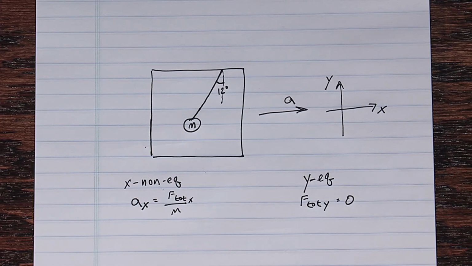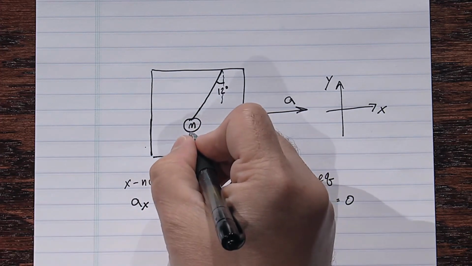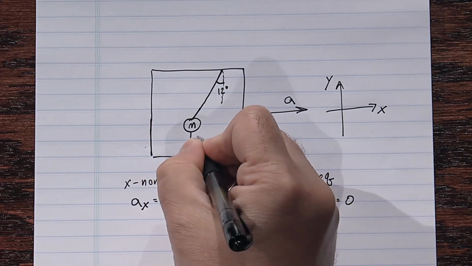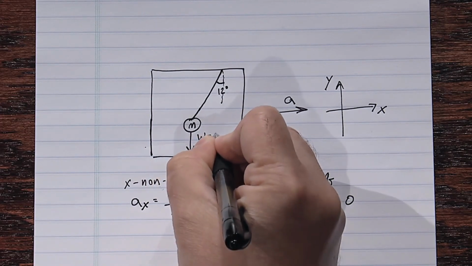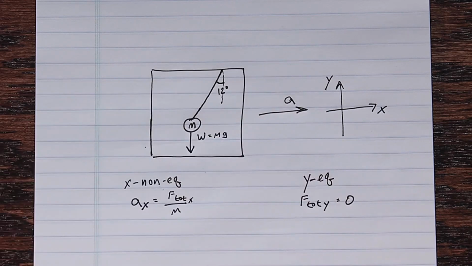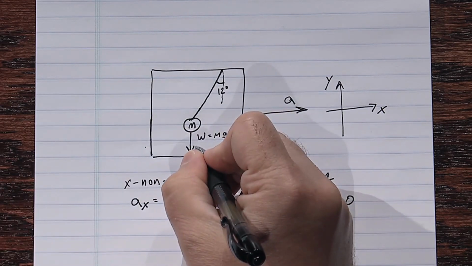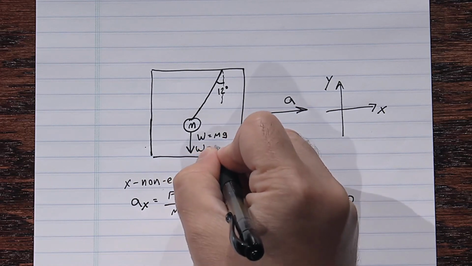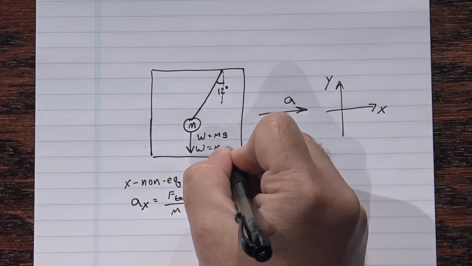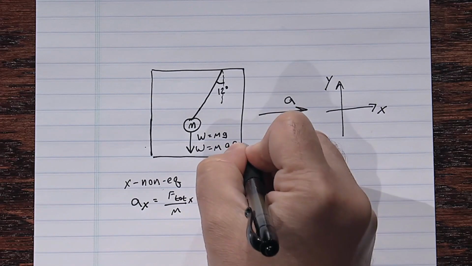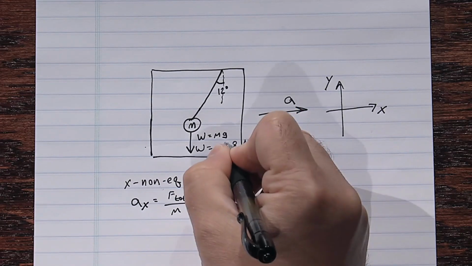The forces on the mass are the weight. Weight is equal to mass times g. We know that much. And so weight would be equal to mass, which we don't know, times 9.8 newtons per kilogram.